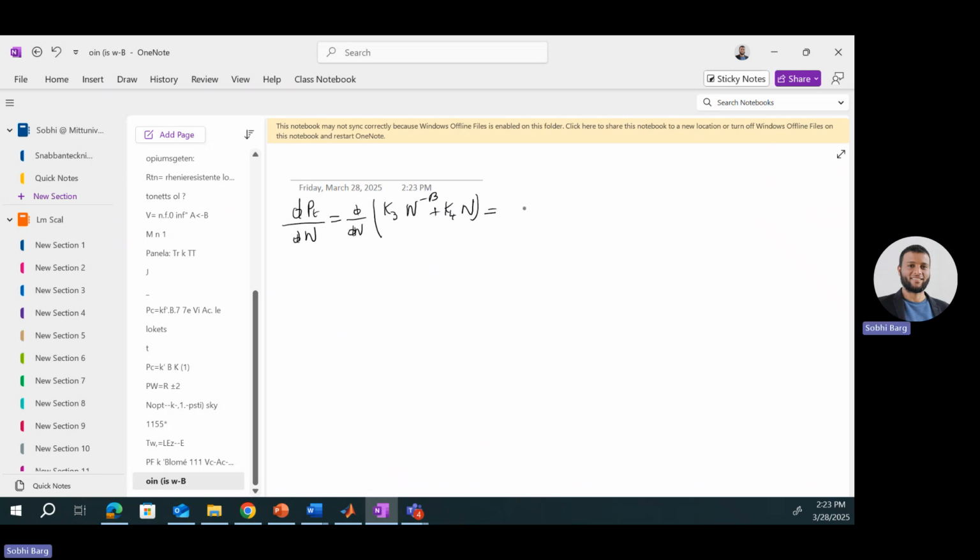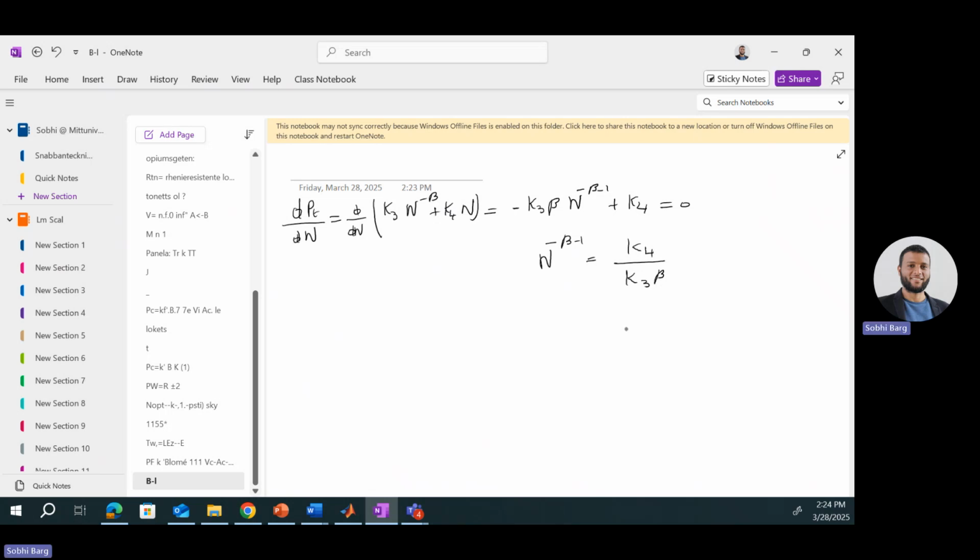And this one will give you minus K3 beta n to the power of minus beta minus 1 plus K4. This should be equal to 0. Now solving this equation will give you n to the power of minus beta minus 1 equal to K4 divided by K3 beta.